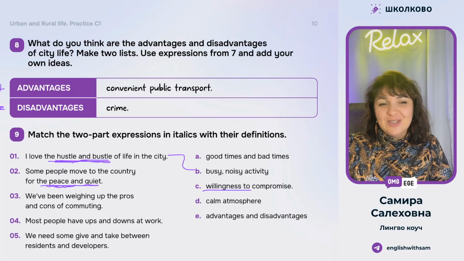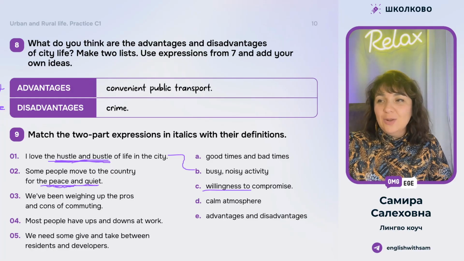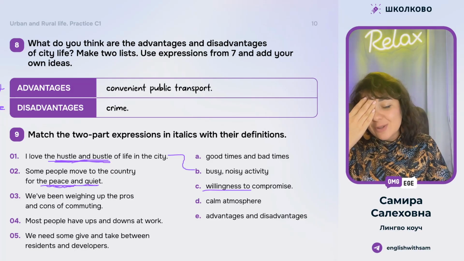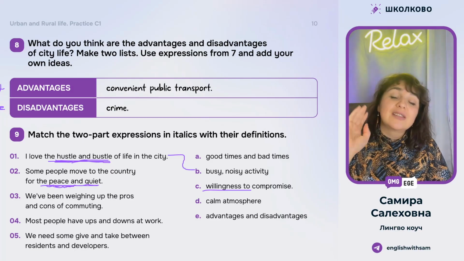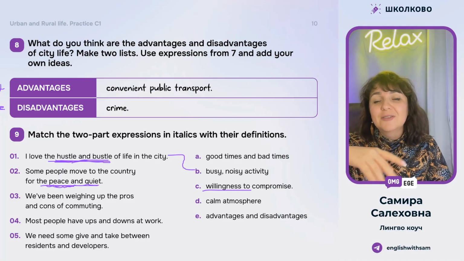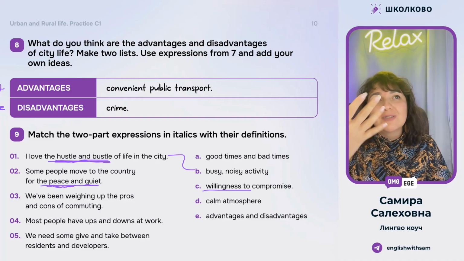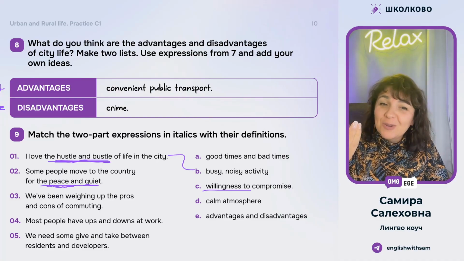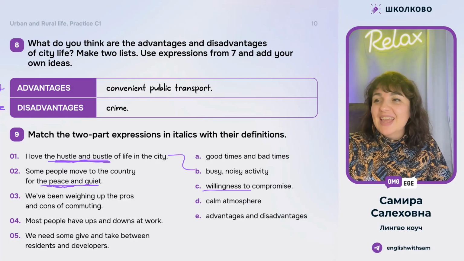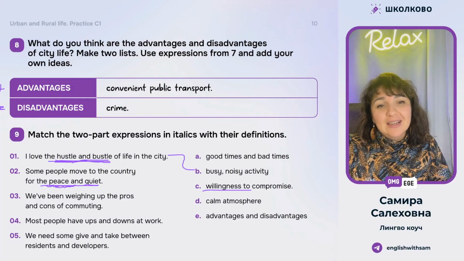That's a nice expression, to have green fingers. Зеленые пальчики, как раз те люди, у которых хорошо получается, все растет, у кого-то завядает, а у кого-то растет, вот это green fingers. Yay, so it is calm atmosphere, that's right.